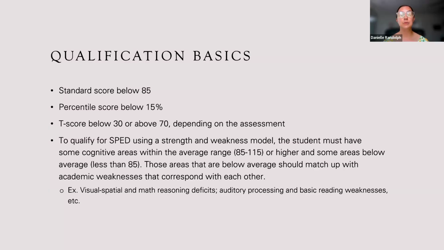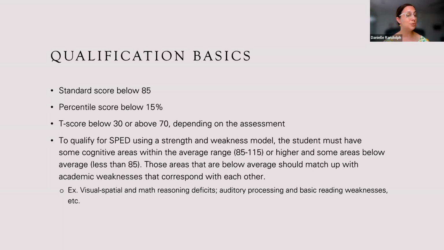And usually school psychs will use a 15-point variance. So let's say we have a student that scored 80 in basic reading, but in math, they were at a 95. So that clearly shows a strength versus a weakness. And a lot of school psychs really want to see some pretty big variance to qualify under that model. And again, we want to see an alignment with cognitive strengths and weaknesses and academic strengths and weaknesses.